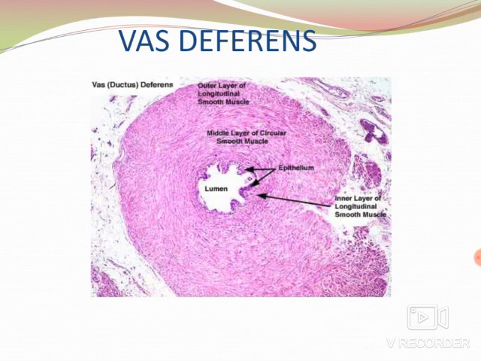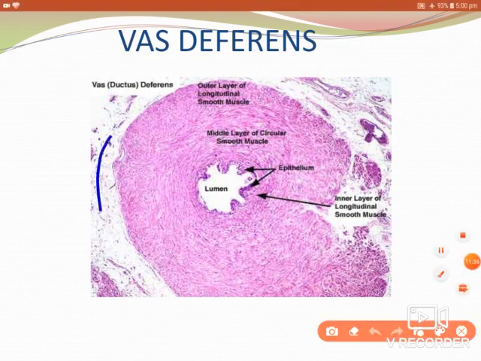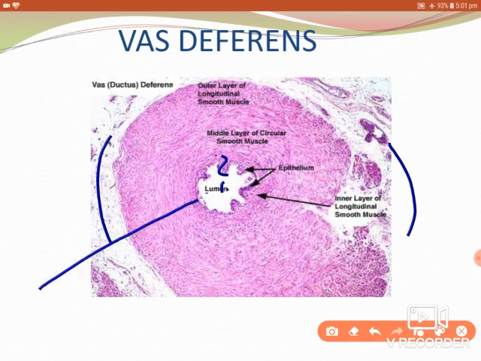Then here you can see the structure of the vas deferens, or ductus deferens. It's a tube-like structure, and when we take a section, it is round. This is the inner region, this is the lumen. This part is the mucosa, with the lining epithelium.